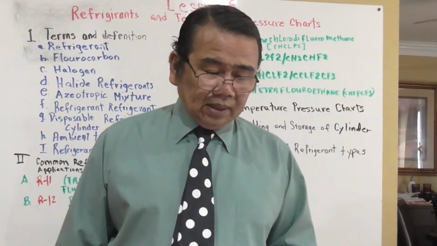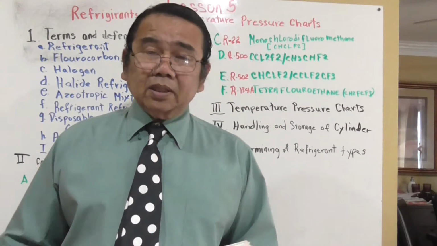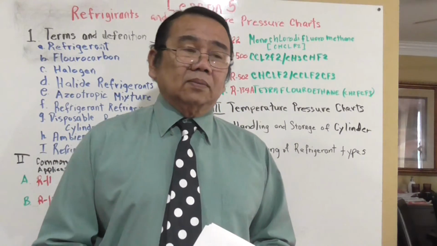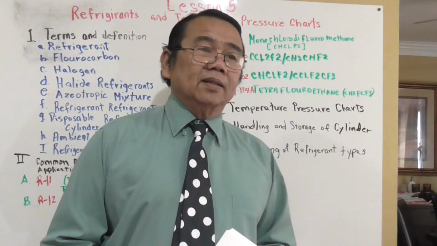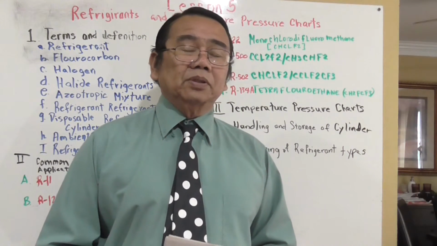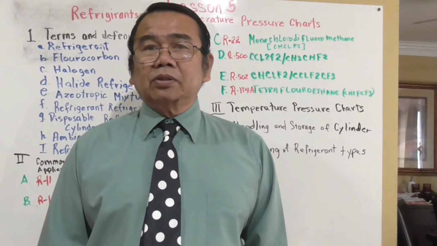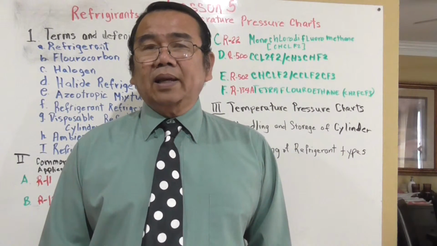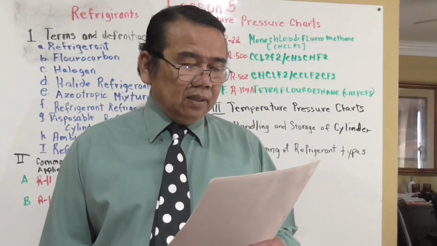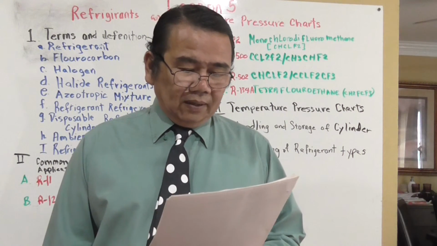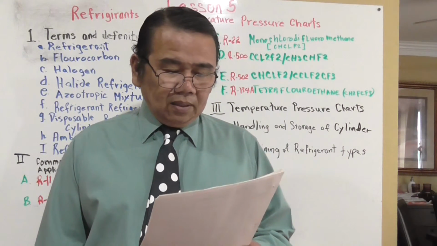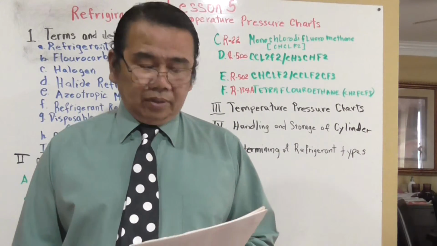Well, what determines refrigerant type? What I'm about to explain is just to make sure to determine what type of refrigerant the air conditioning or refrigeration system has by looking at the data plate. Okay, and then the other one is components application.